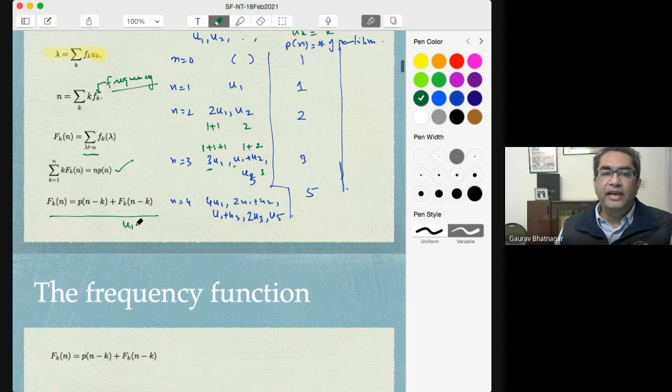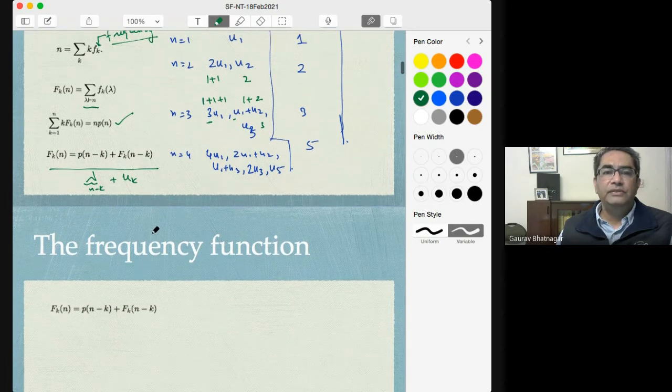So I add uk to a partition of n minus k. So this is a partition of n minus k. And if I do that, I get a partition of n with a k in it. So this is a clear recurrence relation for the sum of the frequencies function.